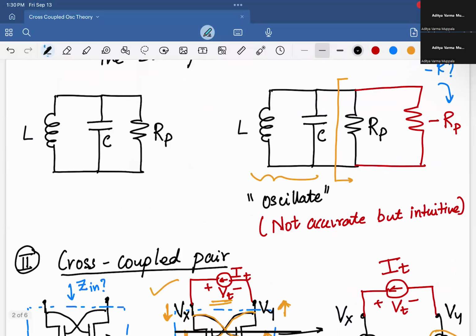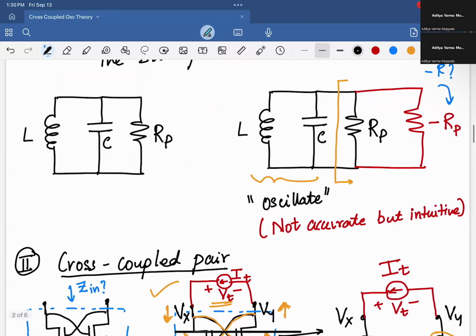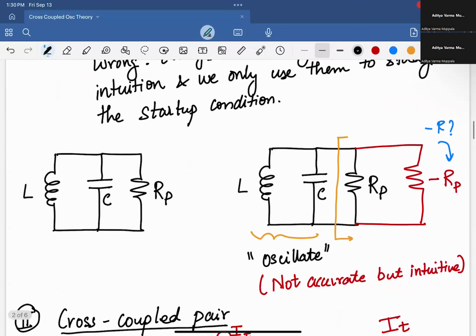We also said that with oscillators, it's very hard to actually show that a given circuit would oscillate. You generally know based on experience, I guess, which circuits tend to oscillate. And to really get an idea of why they start oscillating, you can look at linearized models, such as these two models here, and the negative resistance model is one of them.